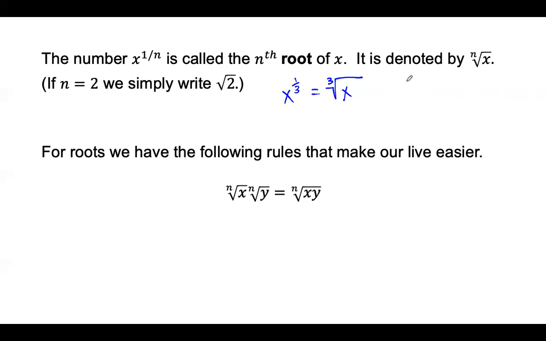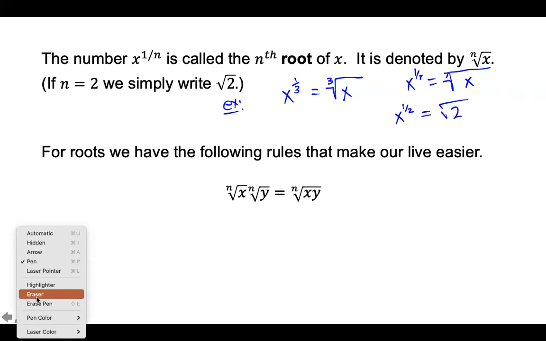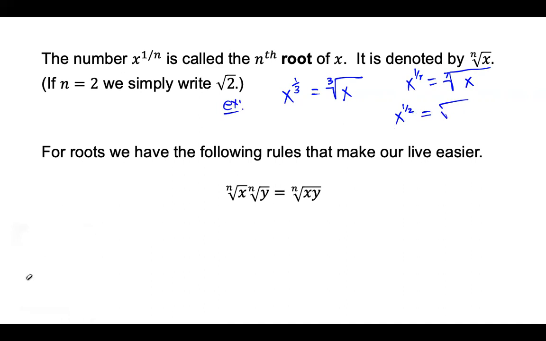Another example would be, let's say x to the power 1 over 7. That's the same as the 7th root of x. There's a 7 there. And x to the power 1 over 2, these are all examples, is equal to the square root of x.